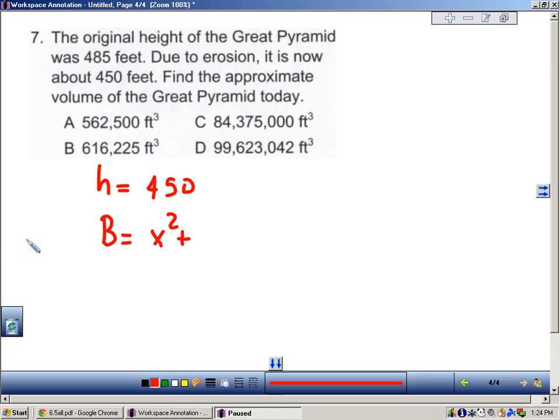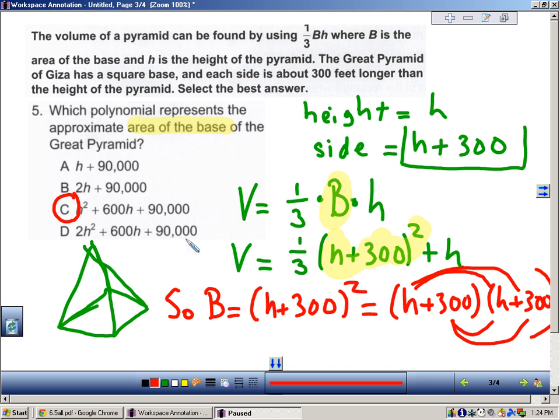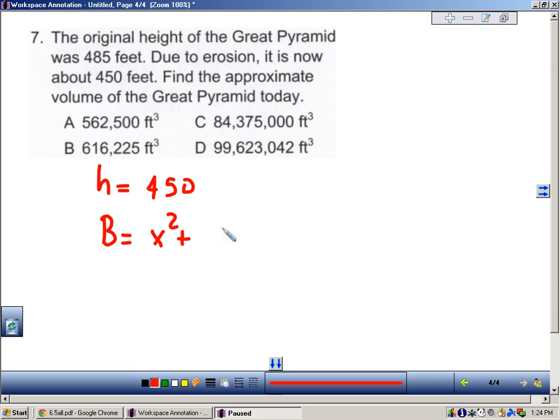Let's take a peek. Yeah, 600h plus 90,000. And this is h, not x.